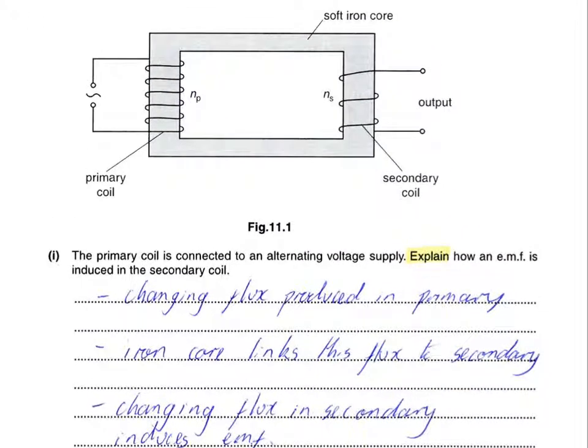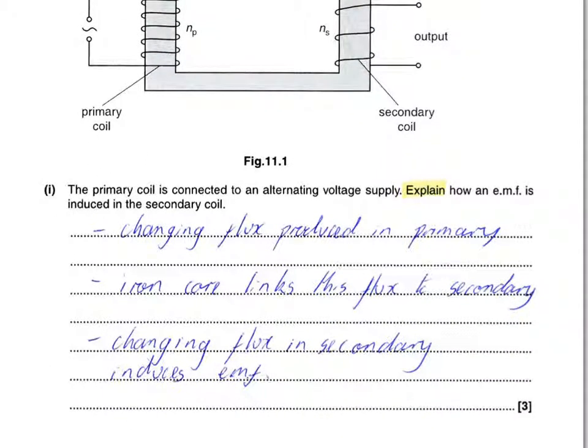That iron core then means that flux is linked to and ends up going through that secondary coil, and then we're done. Simple third point, that changing flux in the secondary coil induces the EMF. So changing flux in the primary from the AC supply, the iron core links that flux to the secondary, and the changing flux in the secondary induces the EMF.